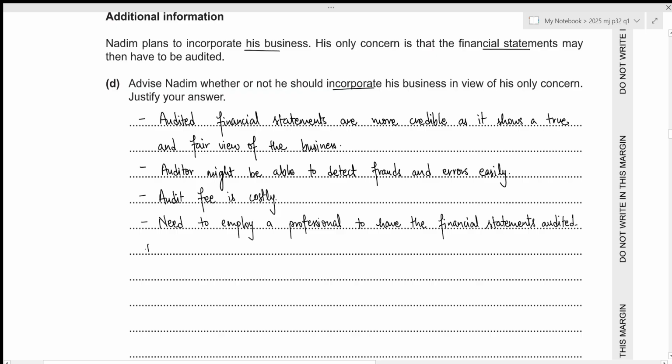All right, now based on these factors, we need to make a final decision. So I would suggest that auditing is not really important because Nadim's business is still small. Let's write it down.